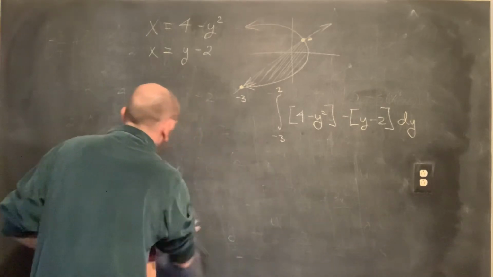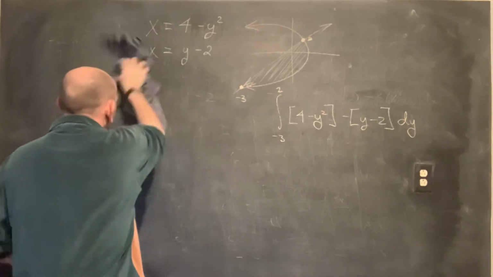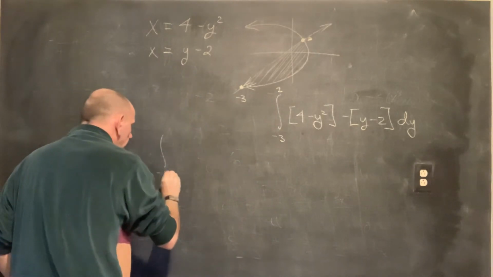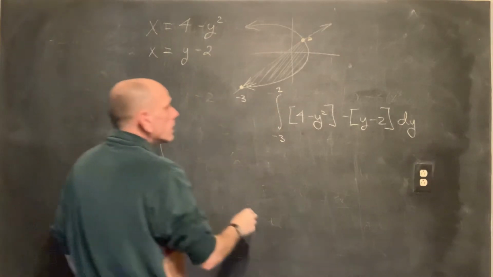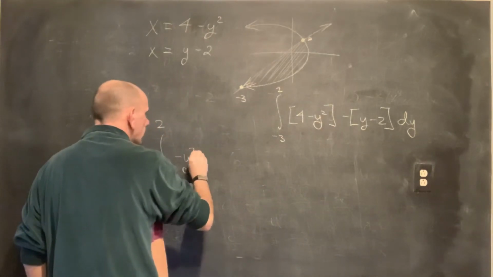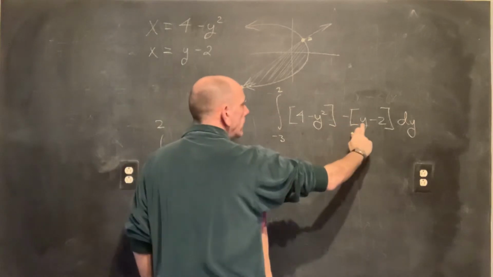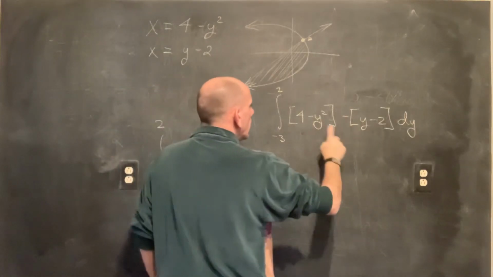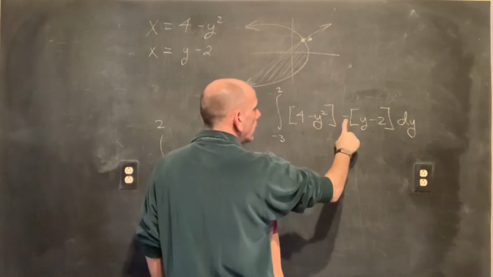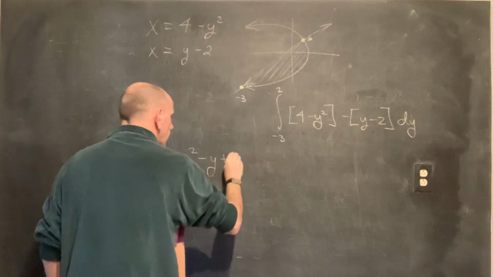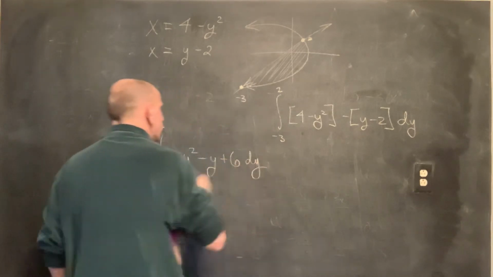So, assuming I don't make a sign error here, we have integral from negative 3 to 2, negative y squared minus y, and we have 4 minus a negative 2, so 4 plus 2 gives me a 6 dy.